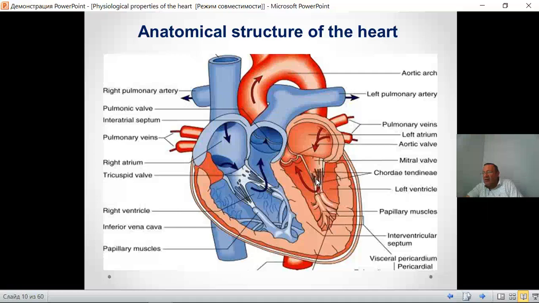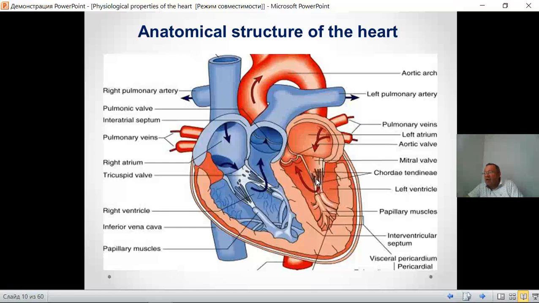The mitral valve is connected to papillary muscles via chorda tendinea. There are two papillary muscles on the left, the anterior and posterior, as opposed to three on the right. The left ventricle is the major pumping chamber for the systemic circuit.